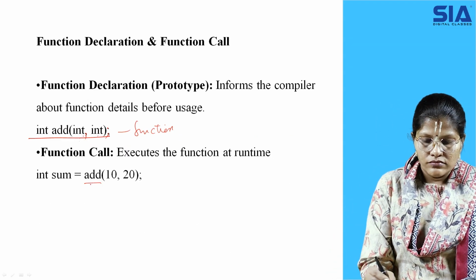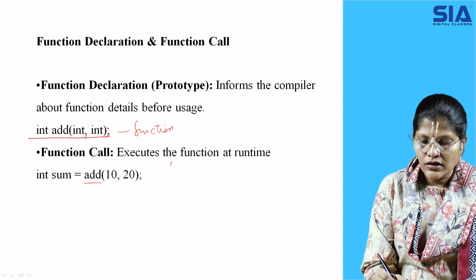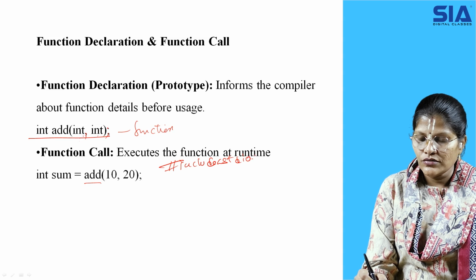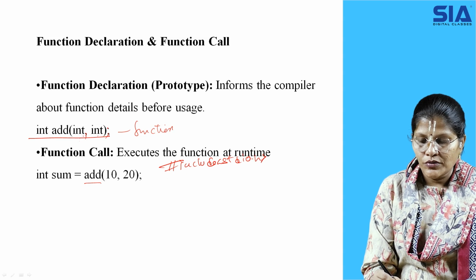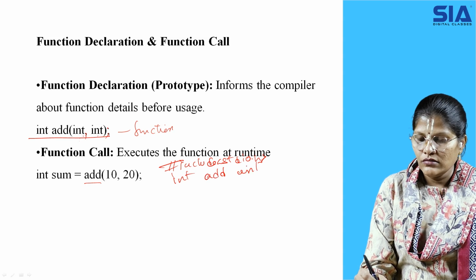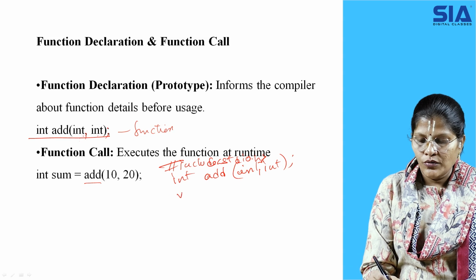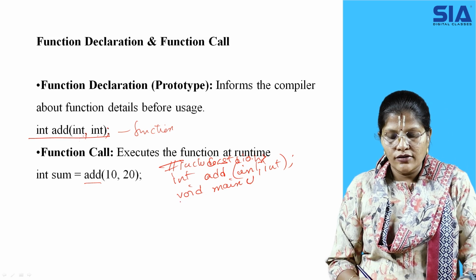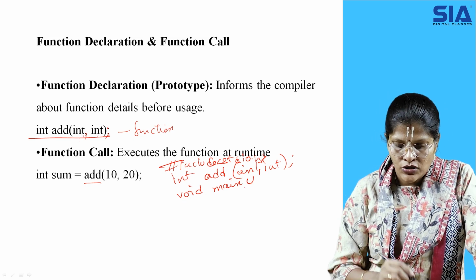For example, hash include stdio.h. Now I am saying int add, int comma int. I don't want to return any particular value, so for that reason I mention it as void.